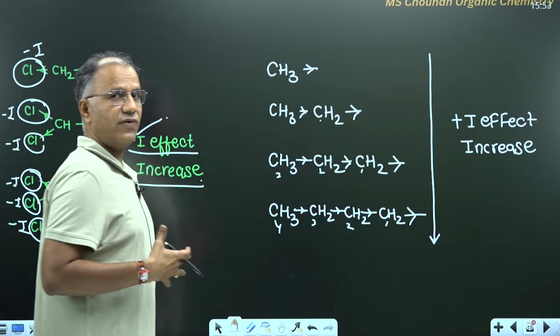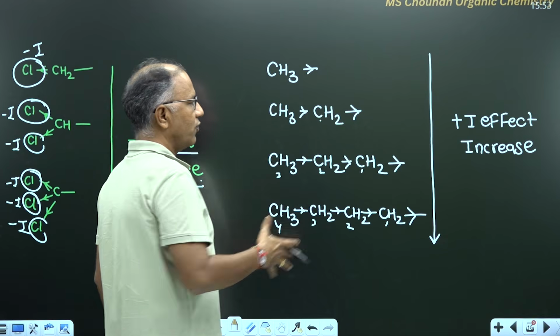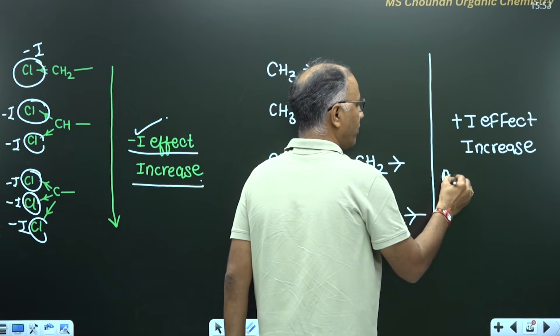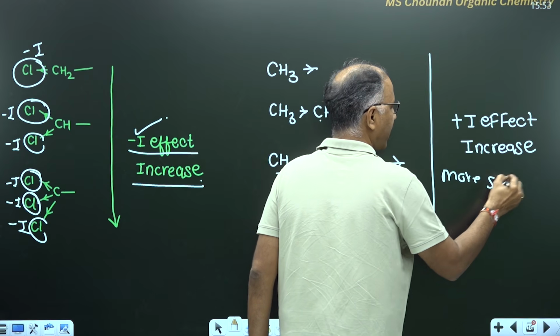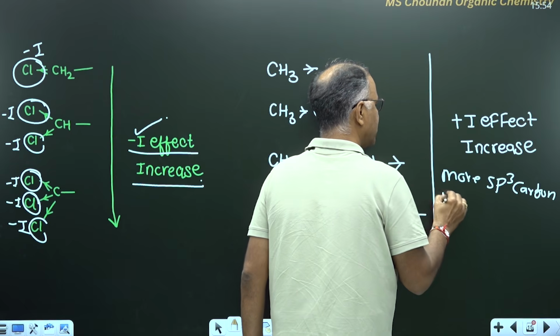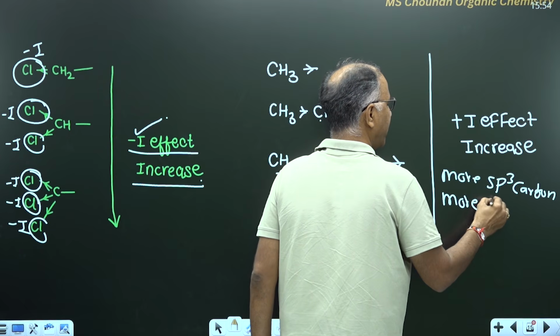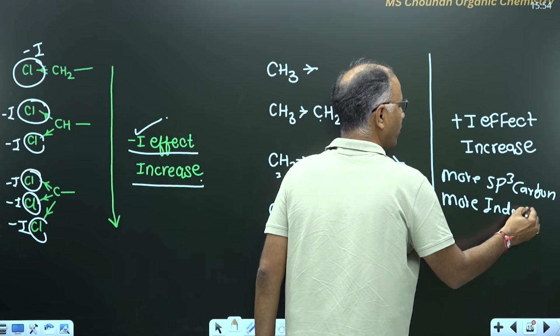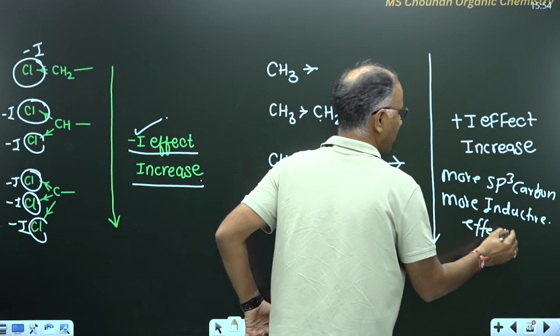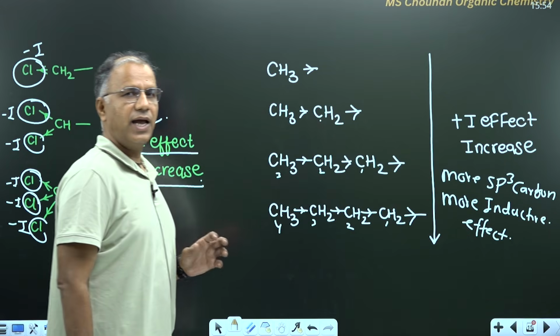Now what is the property of inductive effect? It is an additive effect. So what is the effect on plus I? Plus I increases, and we can say that more sp3 carbon, more inductive effect. More the number of sp3 carbons, more will be the inductive effect. Why? Because inductive effect is an additive effect.